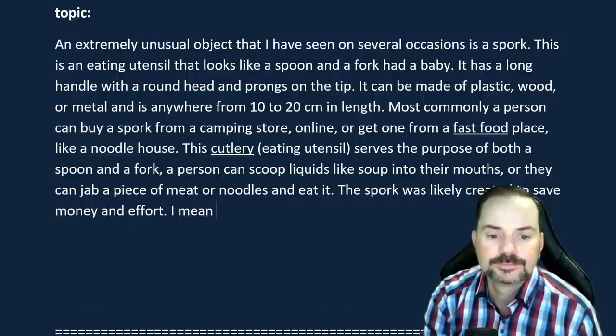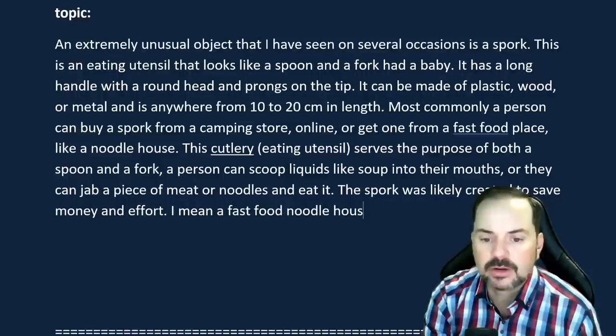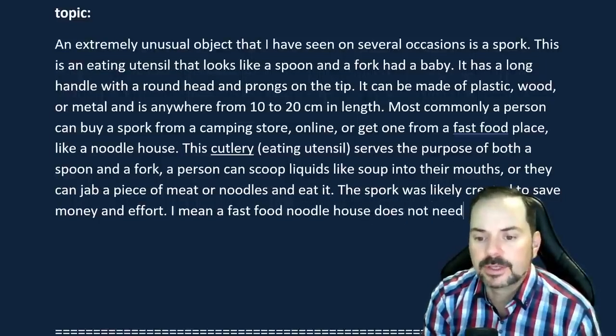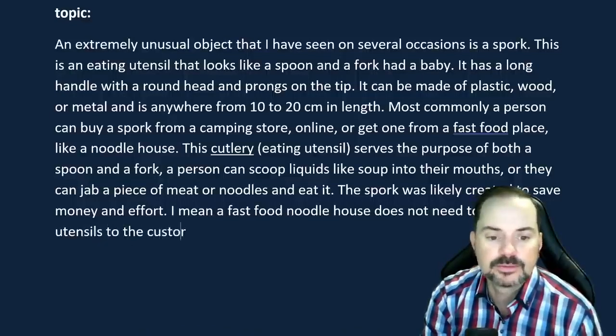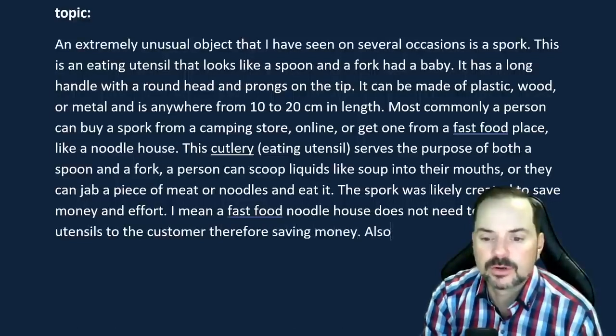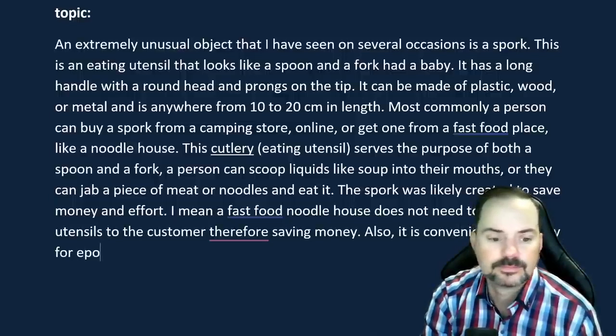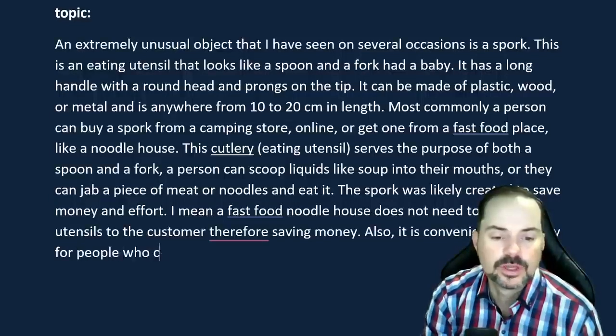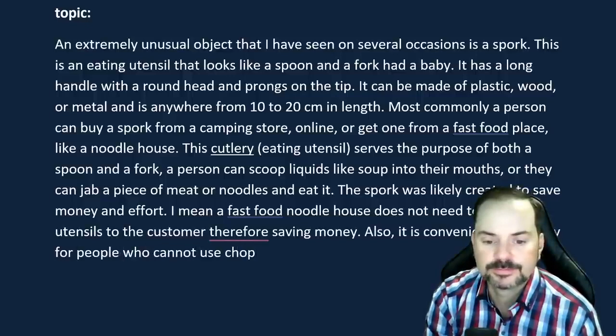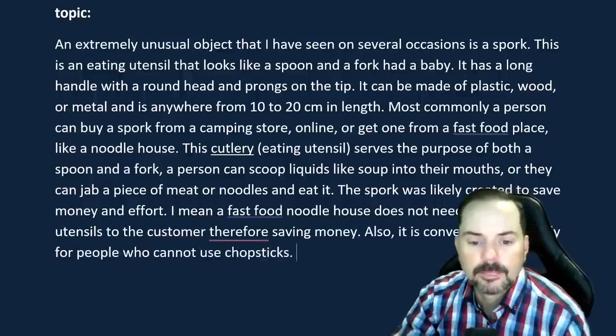I mean, a fast food noodle house does not need to give both utensils to the customer, therefore saving money. Also, it is convenient, especially for people who cannot use chopsticks. Okay.